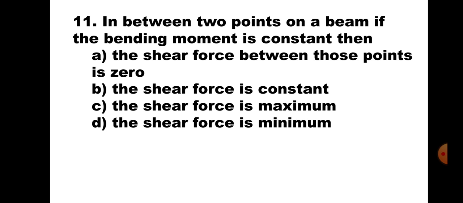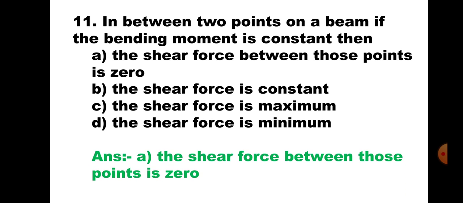That means the shear force in that region is definitely 0. As shear force will be 0, the bending moment will be constant. Hence, the correct answer of this question is A. The shear force between those points is 0.